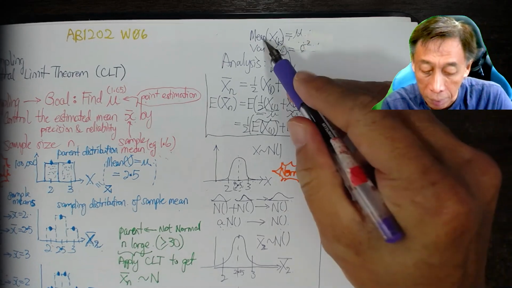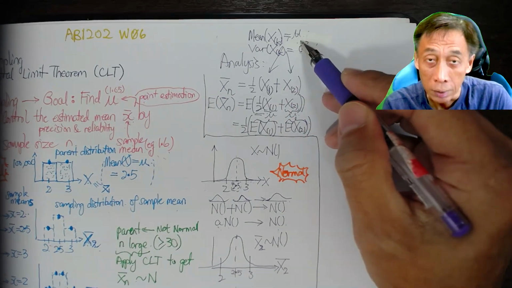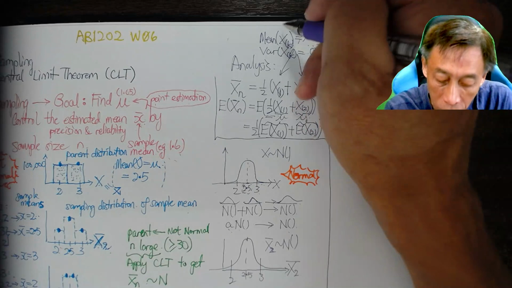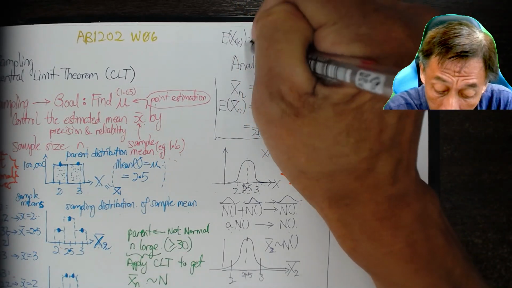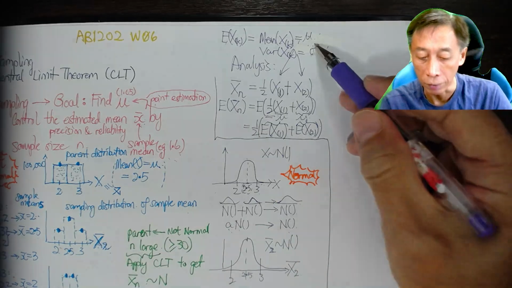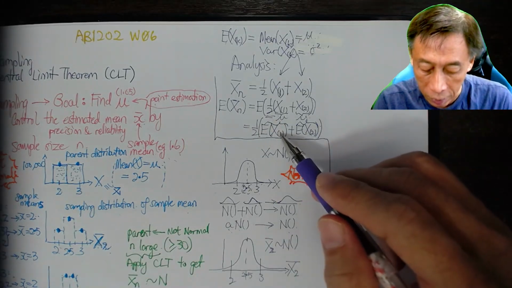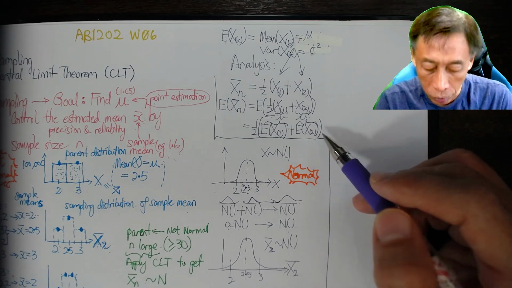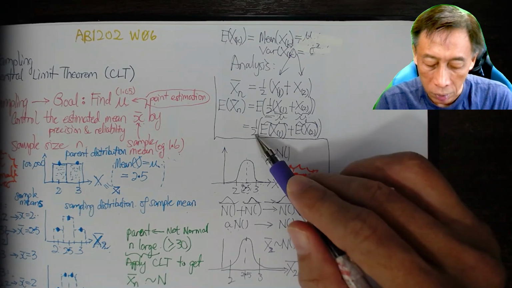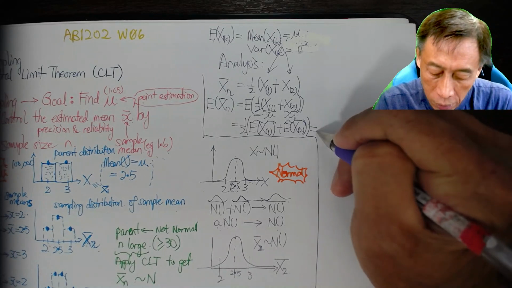Because when we say mean of xk is mu, that just means expected value. So the E of xk, any k, 1, 2, 3, 4, 5, is mu. So this bracket is mu. This E of x bracket 2 also is mu. So 2 mu divided by 2, essentially it just means mu.